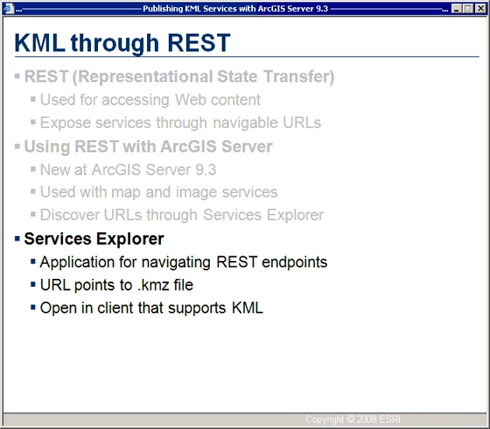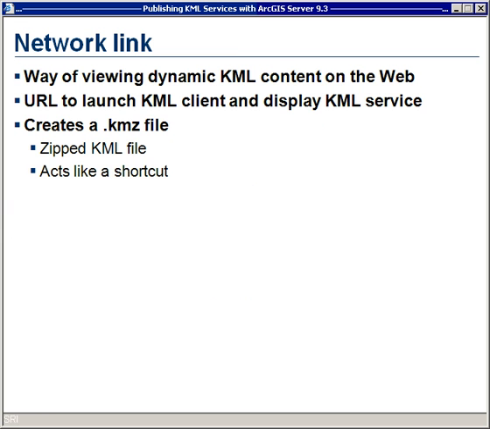You can automatically open it up in a KML client of your choice. And you'll see in Services Explorer, you have the option to open it up in Google Earth or our ArcGIS Explorer program.